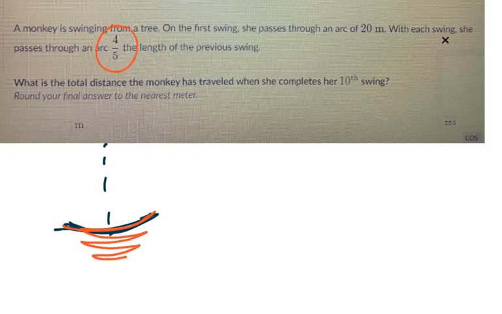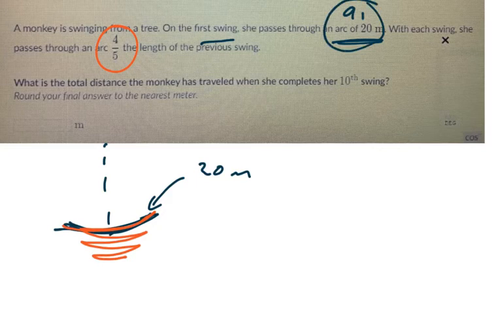As a matter of fact, it gets 4/5 shorter each time it swings back and forth. On the first swing, this initial arc right here is 20 meters. They basically told us a sub 1, the beginning point, right? The beginning number.